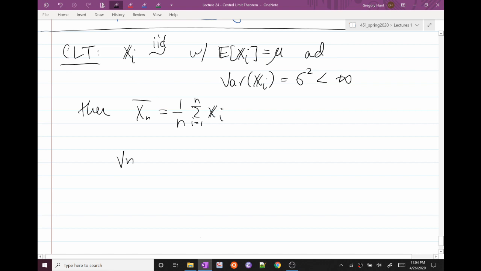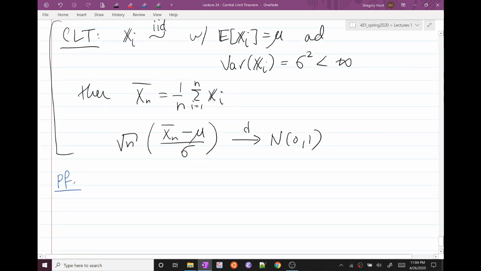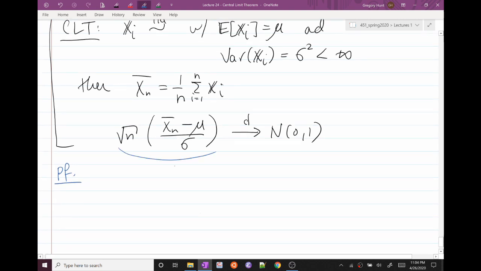If we properly normalize x bar, so we look at root n times Xn bar minus mu over sigma, we can show that it converges in distribution to a normal 0, 1. So this is the statement of the CLT. Let's look at a proof of it. First, let's call this whole thing on the left side Y. So let Y be root n times Xn bar minus mu over sigma.